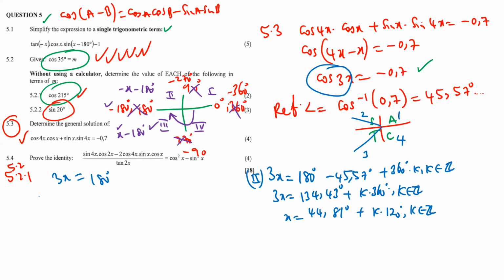So this is quadrant 3. You're putting plus 45.57 plus k times 360, which means 3x is 225.